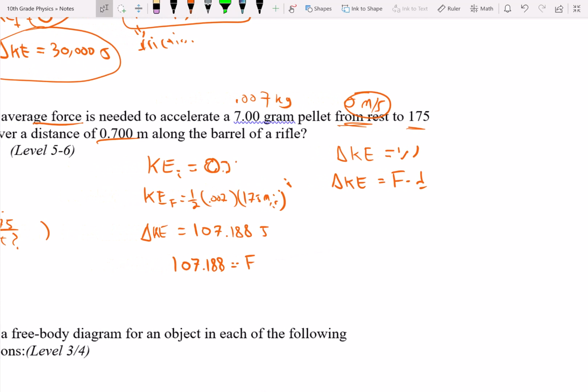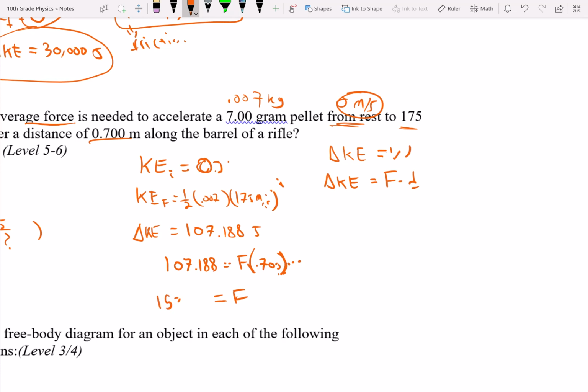We know the distance is actually 0.700 meters, and so we could divide both sides by 0.7. And you would get 153.125 newtons. All right.